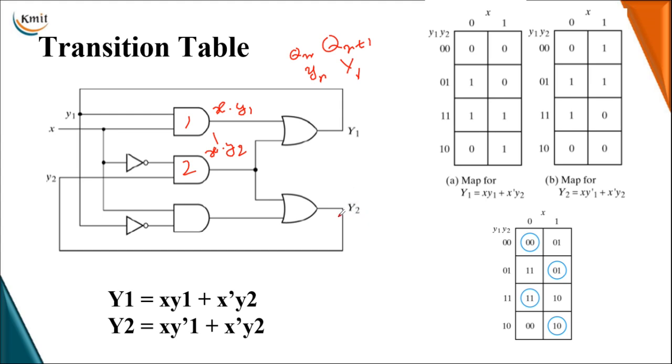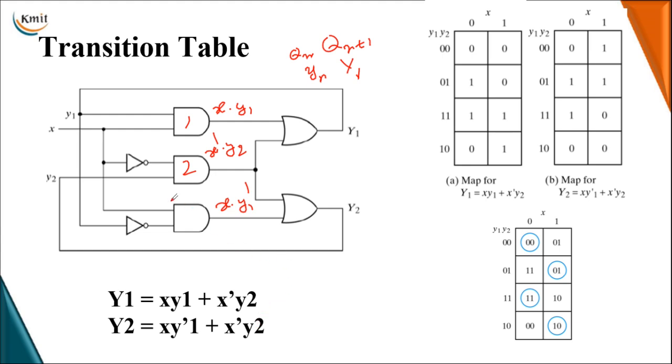Y2 of this circuit is equal to the addition of two product terms: x bar into y2, along with x into y1 bar. So Y2 is equal to x y1 bar plus x bar y2.